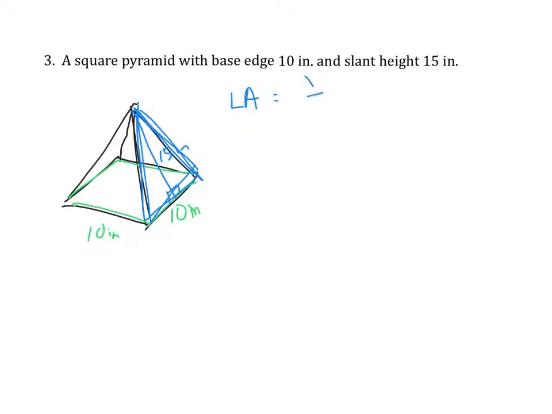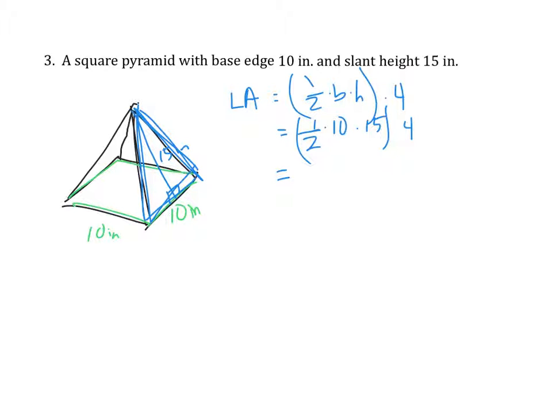So once I find the area of that, then I can go ahead and multiply that by 4. So the base is 10, which is my base edge, times 15, the height I'm given, times one half, and then I'm going to multiply that by 4.